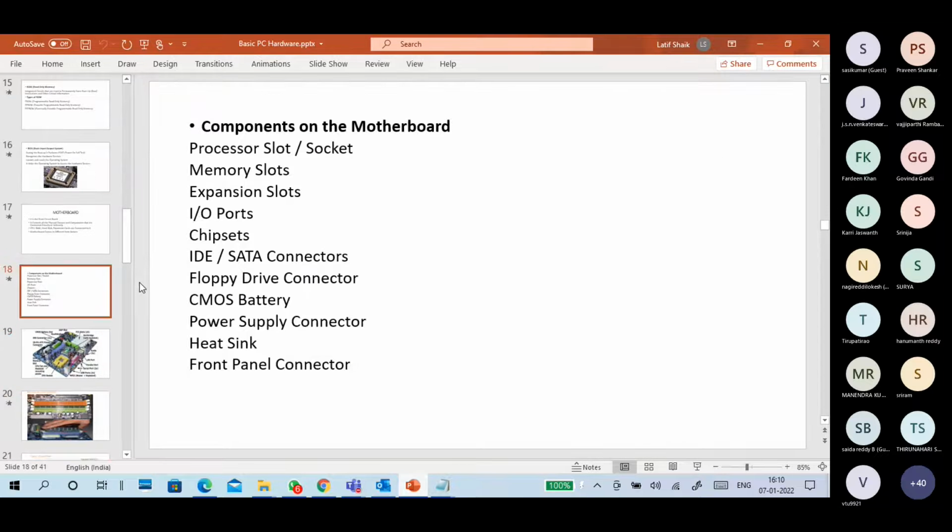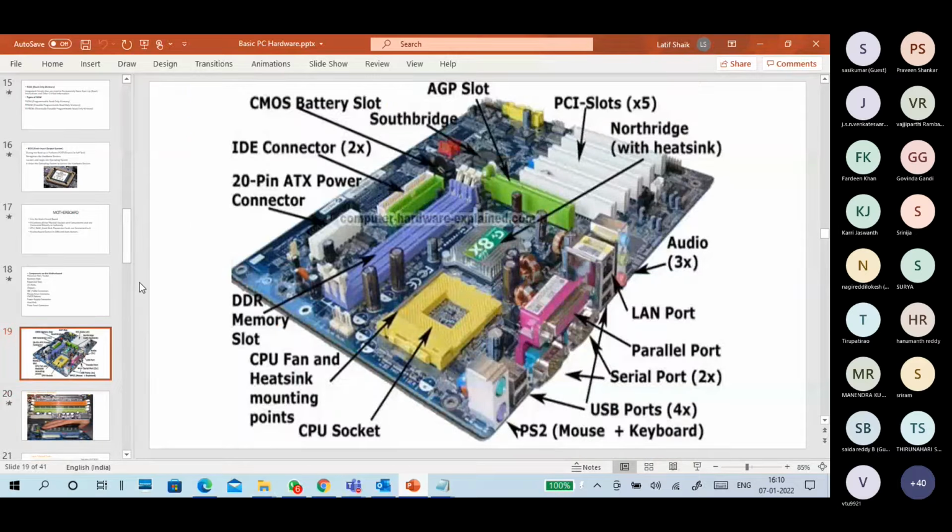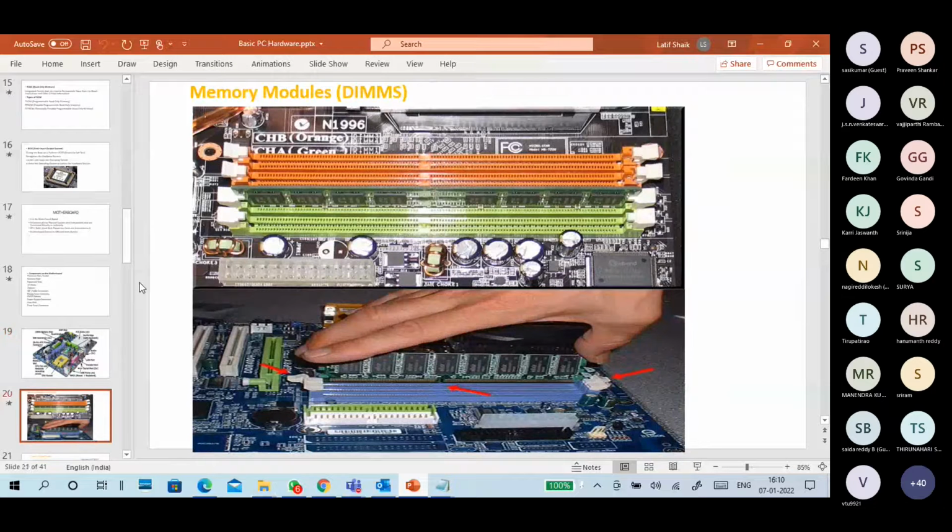You can see different slots: memory slots, expansion slots, IO slots, chipsets, IDE, SATA connectors, floppy disk drive connectors, CMOS battery, power supply connector, heat sinks. You can see the back panel connections also, from here.